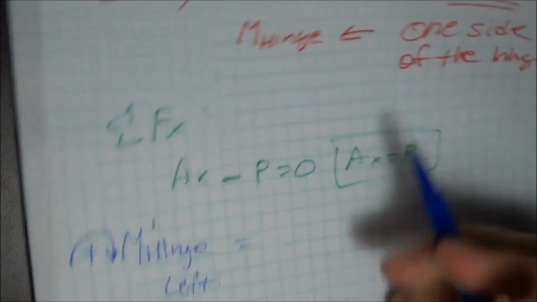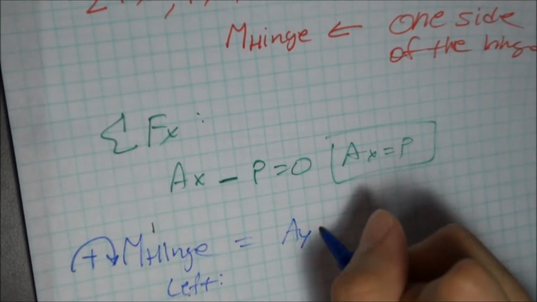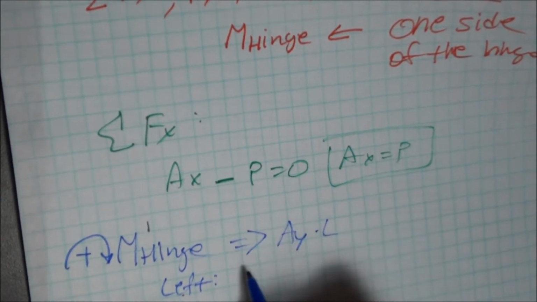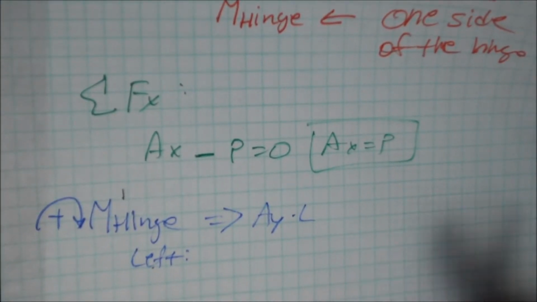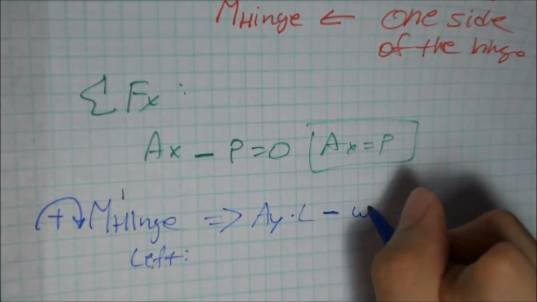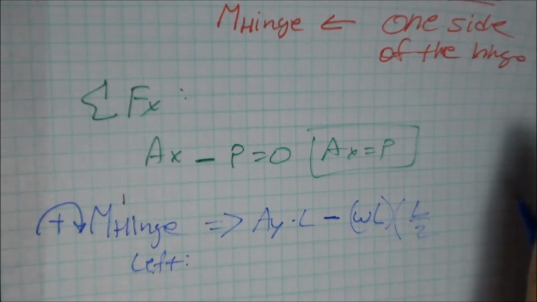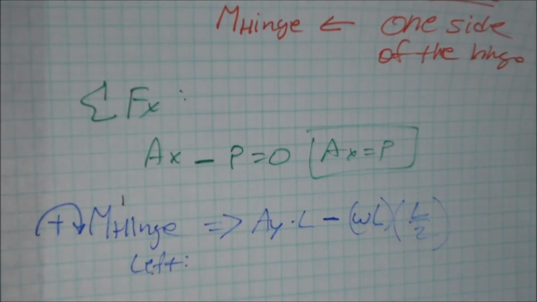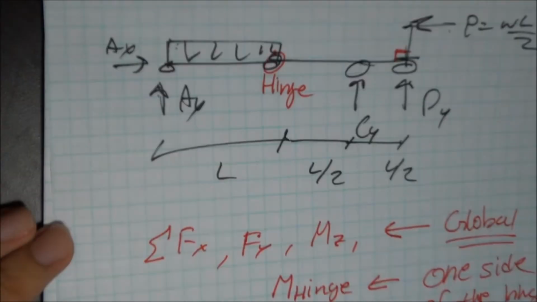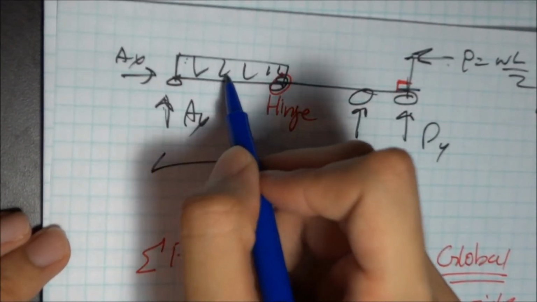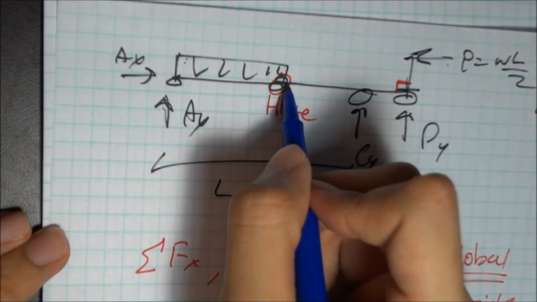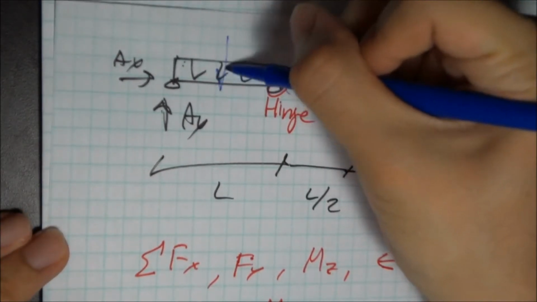So we have Ay times L minus WL, that's the total load, times L over 2. That's the distance between the middle of the load and the hinge. So the centroid of the load is at L over 2 from the hinge. The centroid of the load is right here.